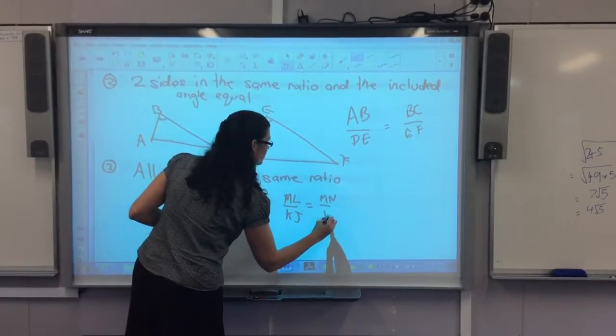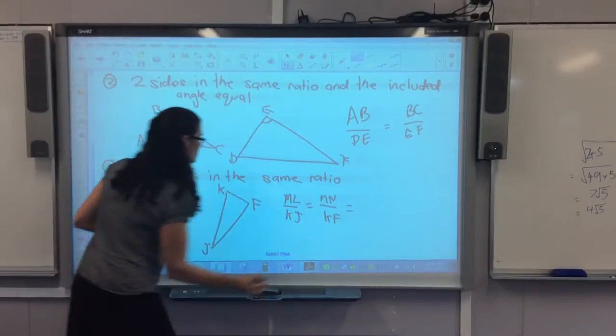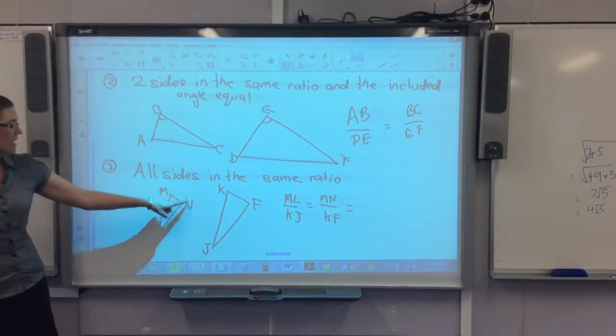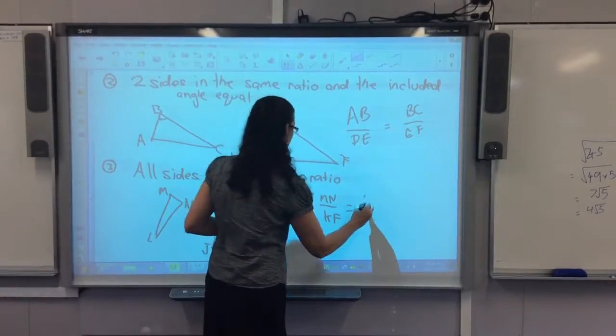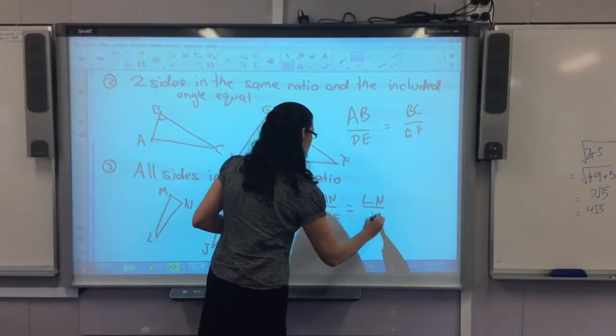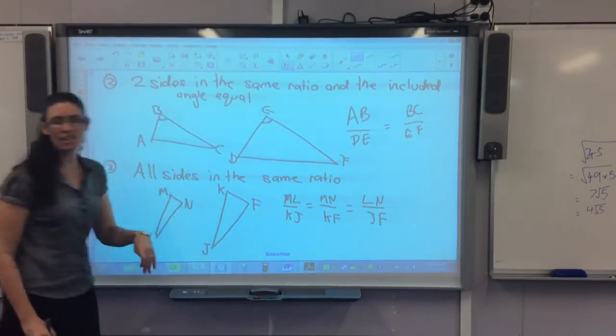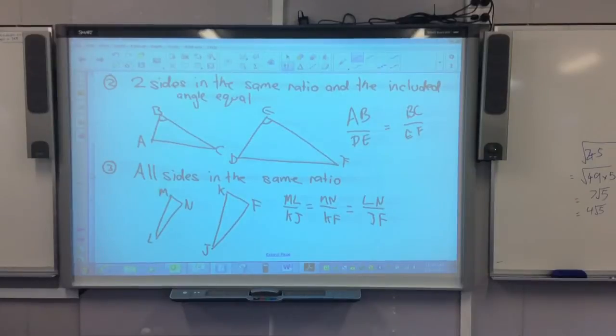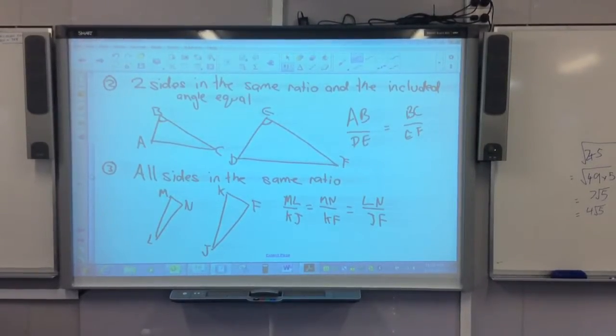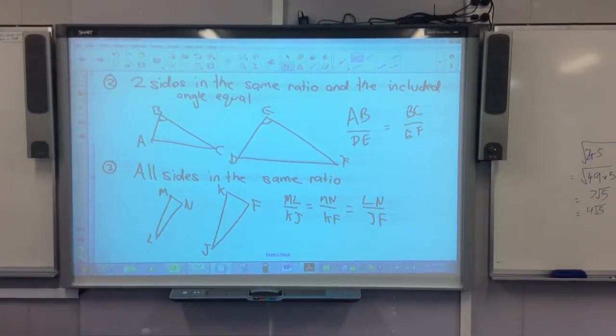Oops, I wrote that wrong. Which equals the same ratio as LN over JF. So they all have to give the same scale factor. That scale factor might be like 3 times bigger, or it might be 1.2 times bigger. It doesn't have to be a whole number. But that would be all sides in the same ratio.